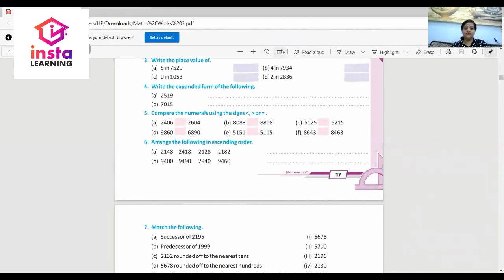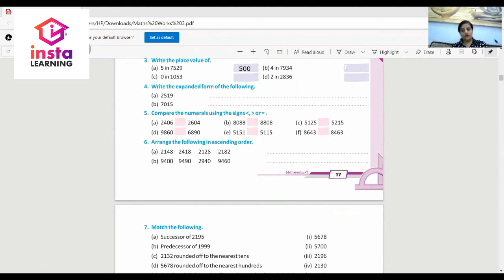Now students, we will write the place value of 5 in part A. 5 in 7529. That is 500. What is the place value of 4 in 7934?